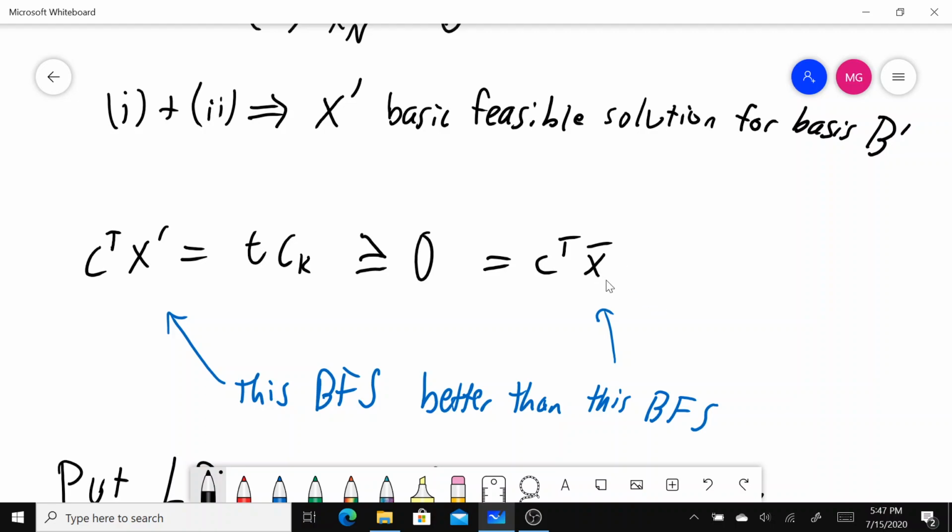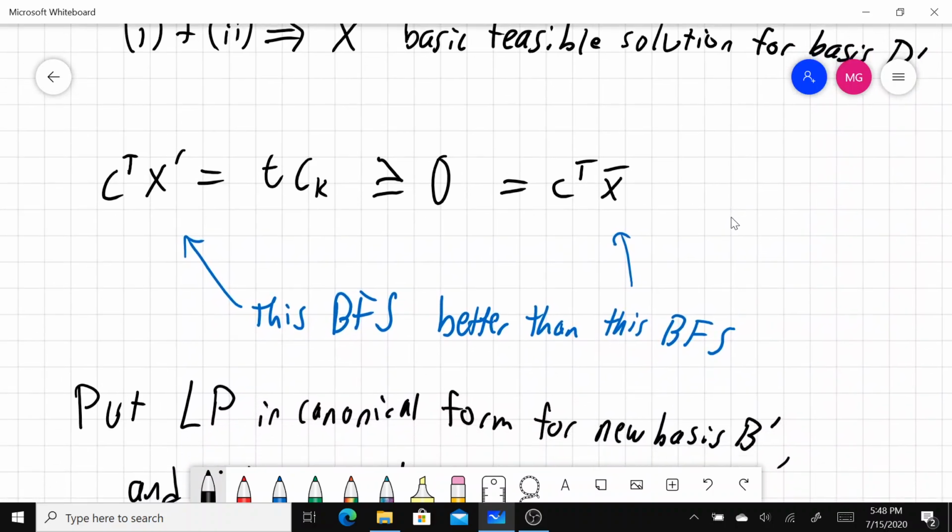We already showed that above, for the same reason. It's just that the kth component here was 0, whereas in contrast here it's t, which could potentially be positive. So that's why we're doing better with x prime than x bar.